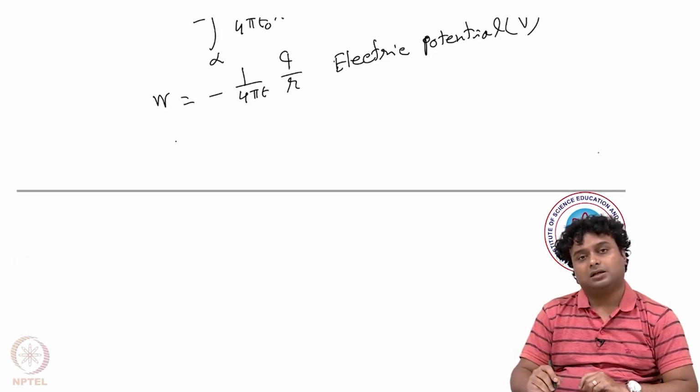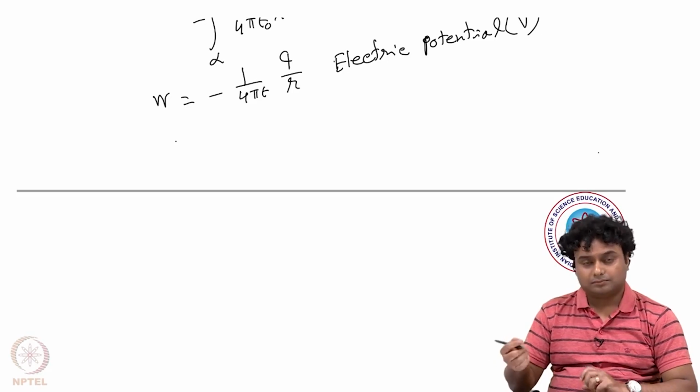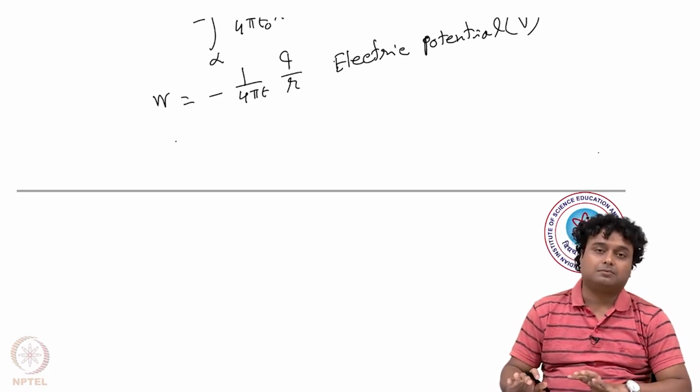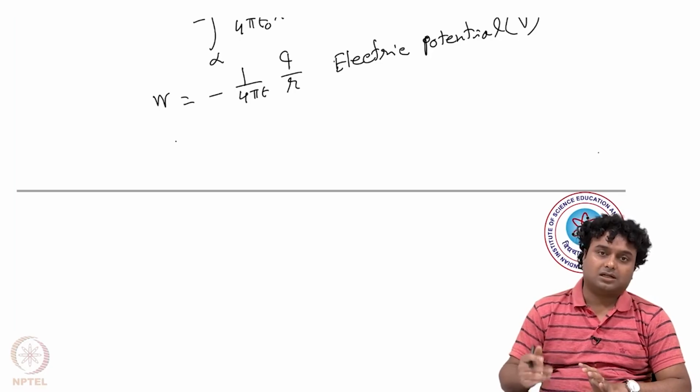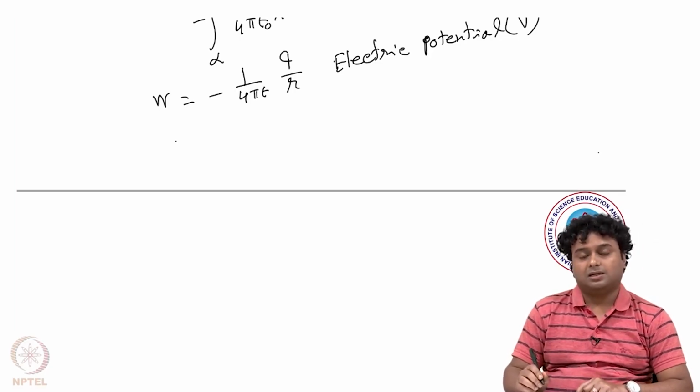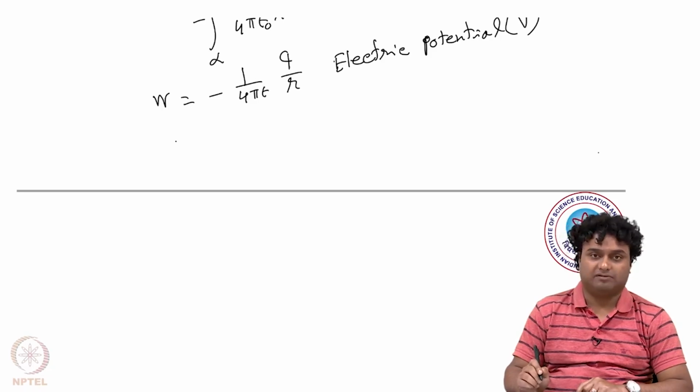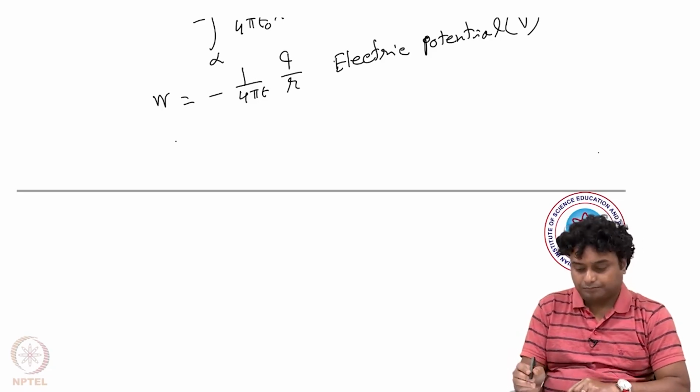Polarization means that the electrons and protons inside the material arrange themselves due to the external electric field, and because of that the electric field inside the material will not be the same as the external electric field.